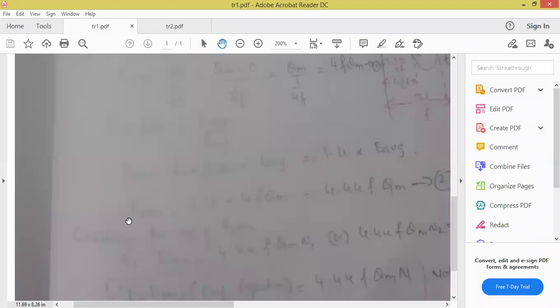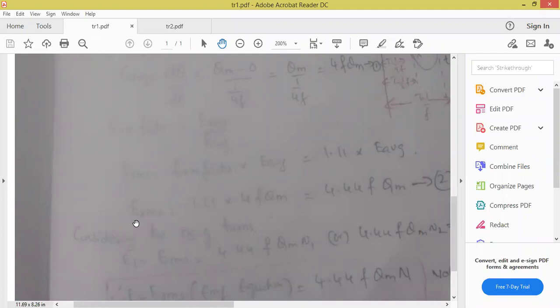Once again, I am telling: an AC transformer works with AC current. Whenever we speak about AC current or voltage, the real name is RMS. That is why the transformer is transferring the RMS voltage and RMS current.